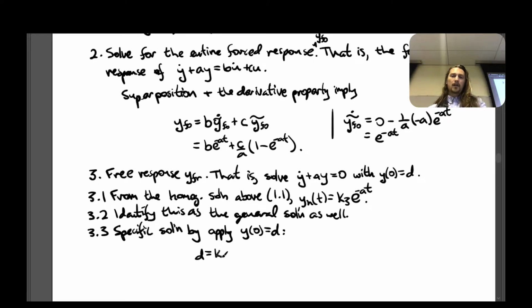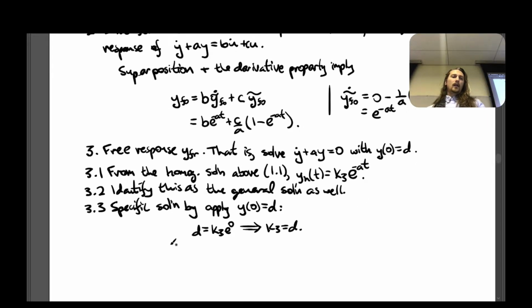So K1 or K3 e to the minus a0, right? Or just e to the 0, which implies that our constant K3 is just equal to d. And we can realize that this is our free response then. This is our specific solution. Therefore, it is the free response. So therefore, y free is equal to d e to the minus a t.